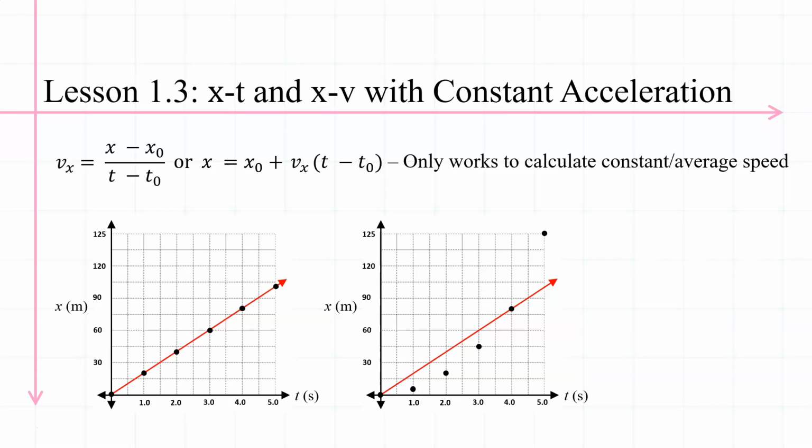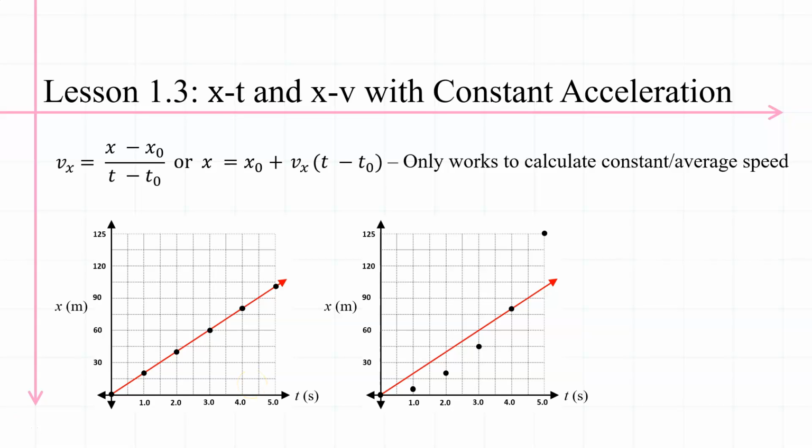So I can't actually predict where the object is going to be using my constant speed equation or my average speed equation. Again, limited usefulness. The only thing I can really do with this is calculate what the velocity of the object would have to be if it were traveling at a constant speed, even though it's not.